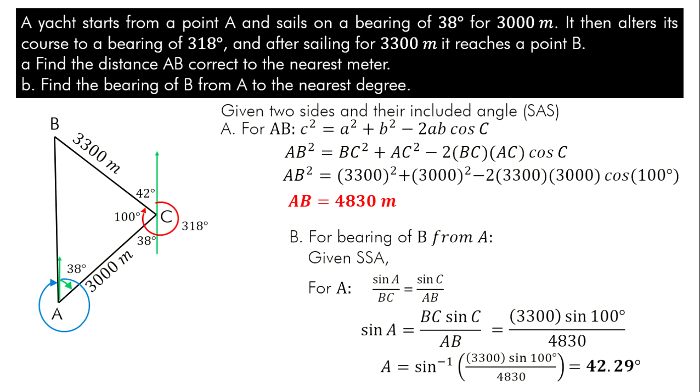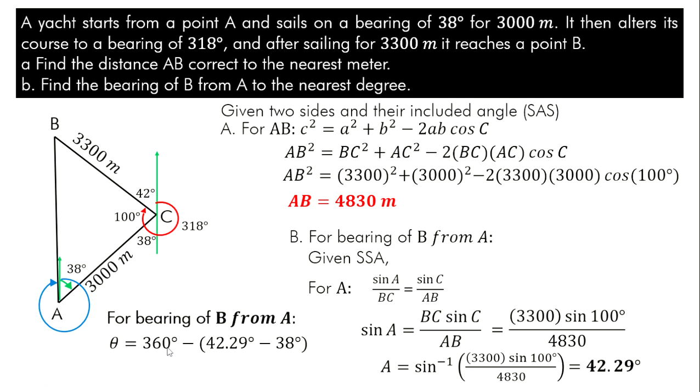For the bearing of B from A, we can now subtract this angle A and this 38 degrees from the overall 360 degrees.